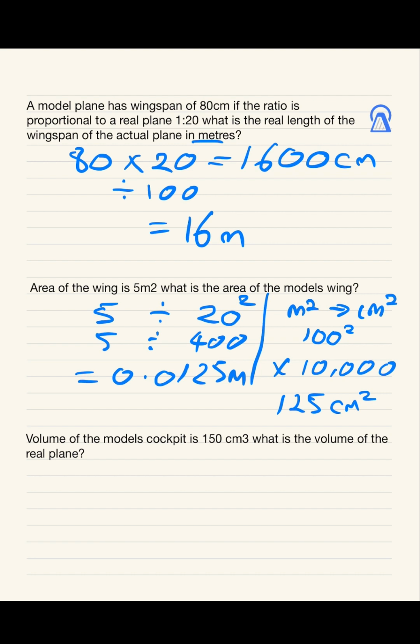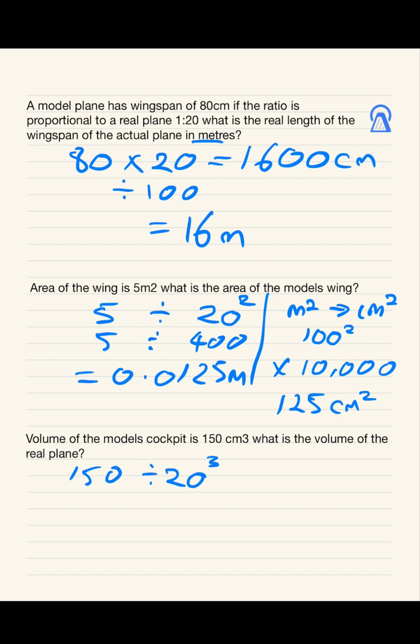If it was just the length, we would just be dividing by 20, but we're not. We're going to be looking at the volume. Where it was area, we write things in centimeters squared or meters squared; where it's volumes, we write things in centimeters cubed or meters cubed. And that should give us a trigger that what we need to do is cube our scale factor.